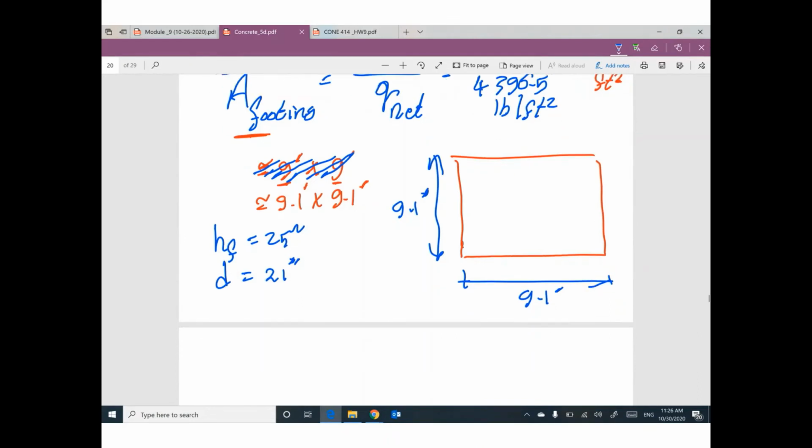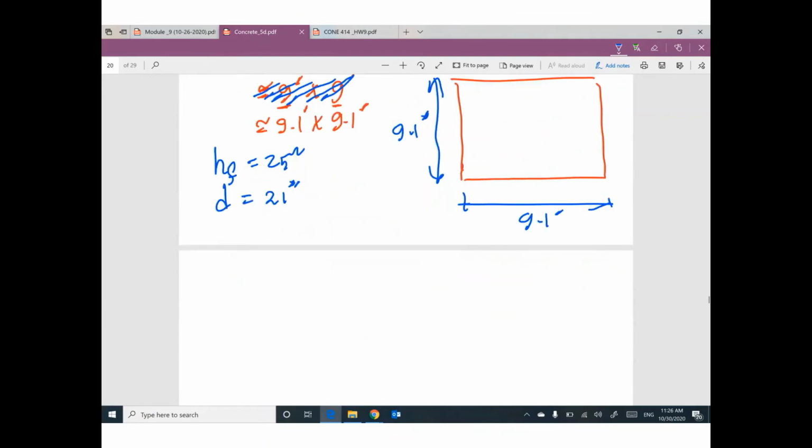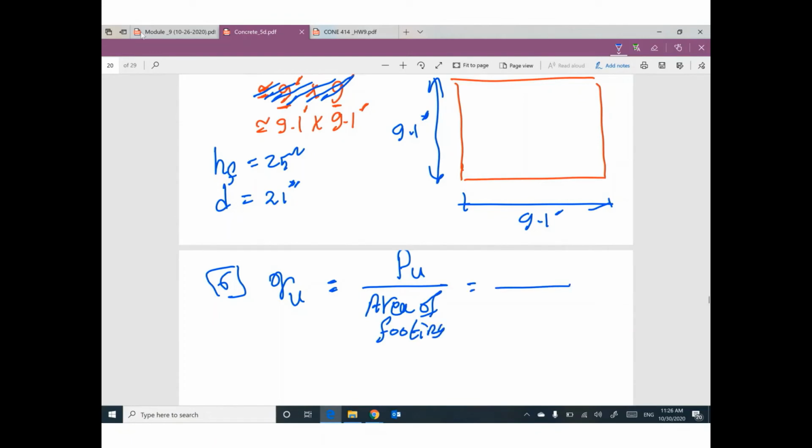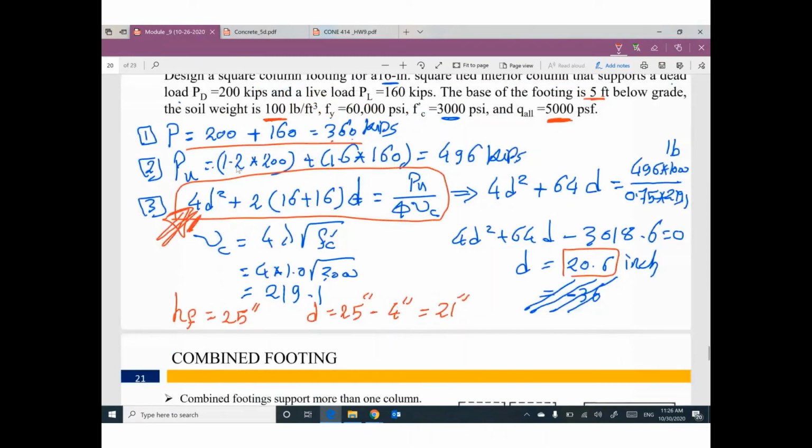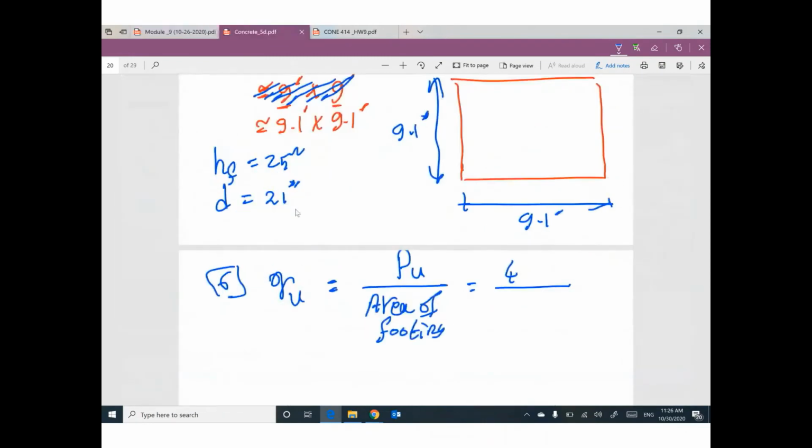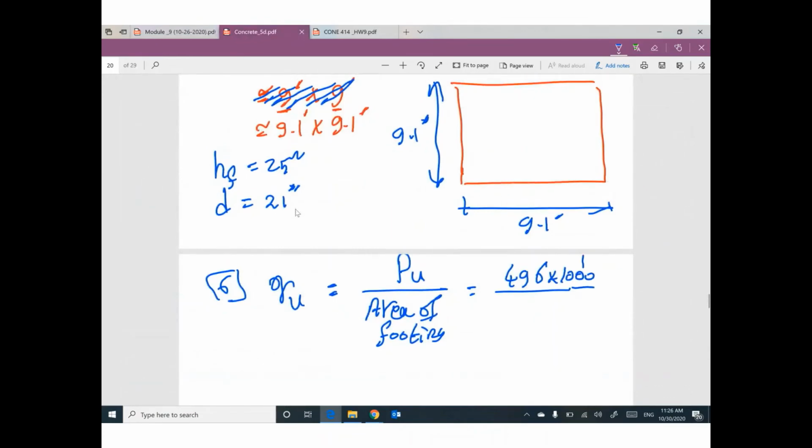We need to check. But before checking, guys, we need to get the Q ultimate. Q ultimate equal P ultimate divide area of footing. P ultimate, what is the value of P ultimate? I think P ultimate equal 496 times 1000, to be in pound.